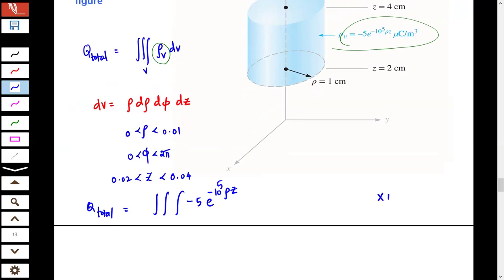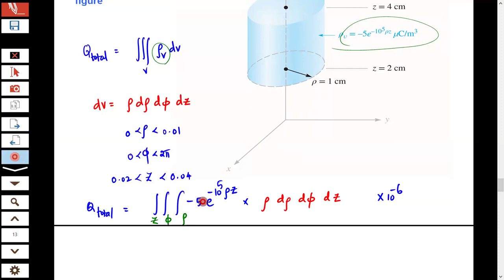Micro, I will finally write micro as 10 power minus 6. And dv element, this dv element should be written, which is rho, d rho, d phi, dz. You have to apply the limits for rho, phi, and z.